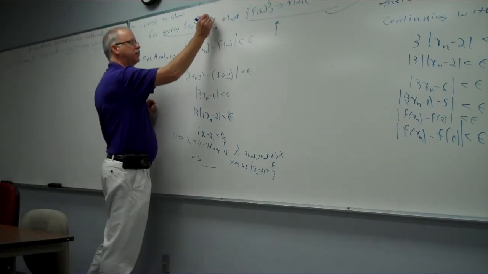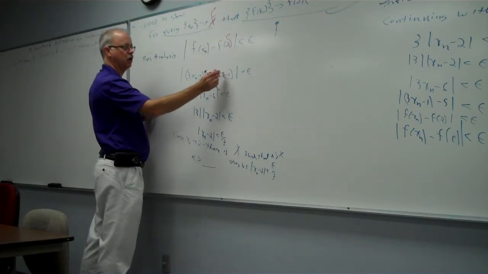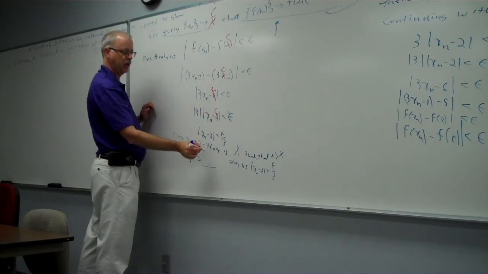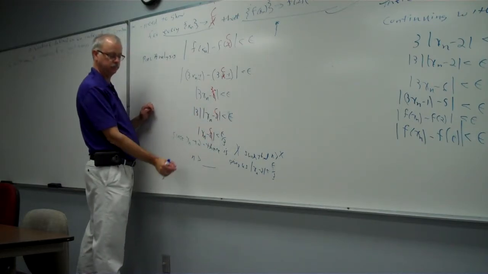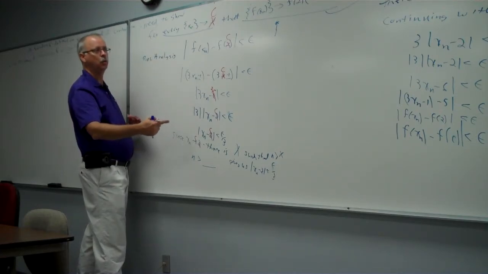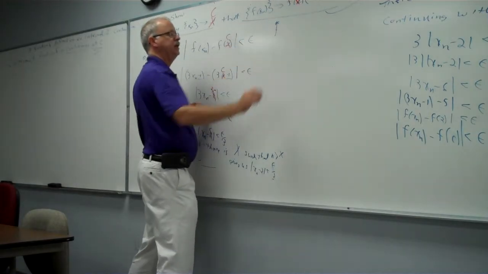It wouldn't be that hard to modify this to work at any c we wanted to. It's a little harder to follow that, but not a lot harder. Just change the 2 to some c all the way through, and we could do this so it works really for any c.